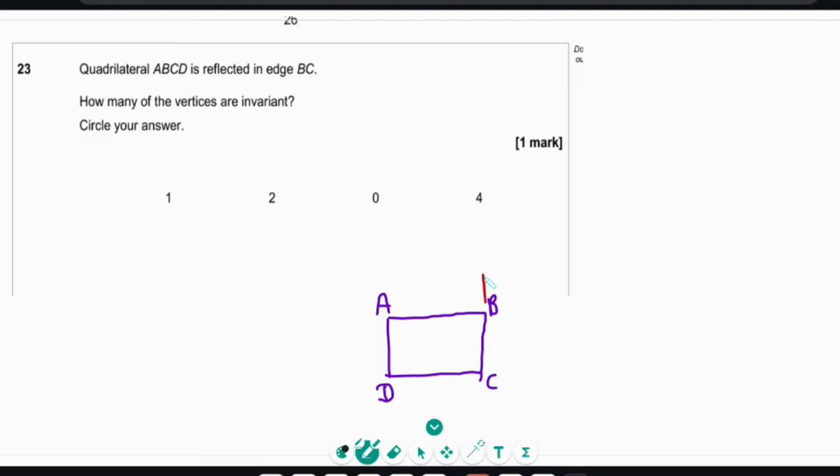The BC would be your mirror line. If I reflected this rectangle here, you would then get this rectangle, A and D being those vertices there. How many vertices are invariant? So the invariant vertices don't change their position. So 2 of them don't. B and C stay in the same place, so 2.